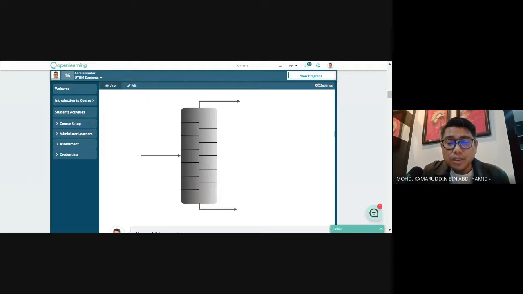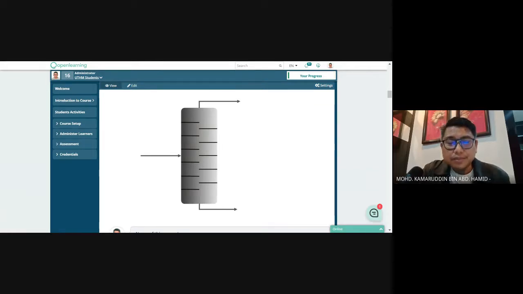That's different. They call it absorber, not absorption column. Absorption column ni basically you use when you have a solvent. You have a solvent at the top and you have your gas feed at the bottom. You have a multi-feed. Tapi ni you only have one single feed. This we call it absorber.